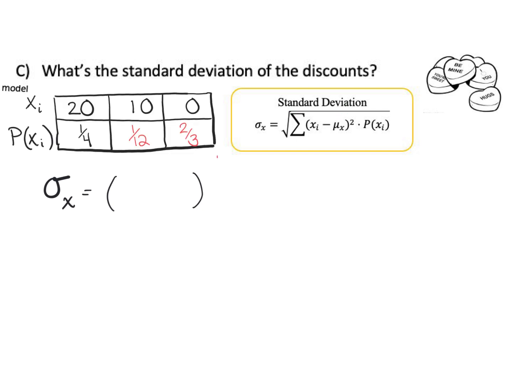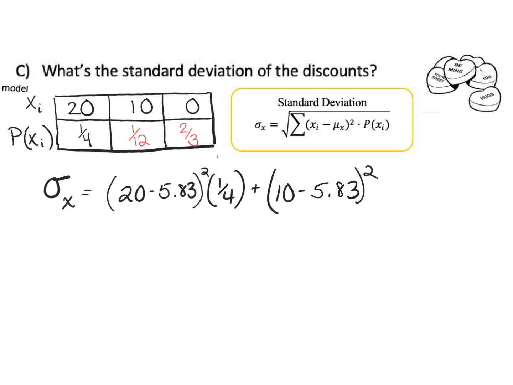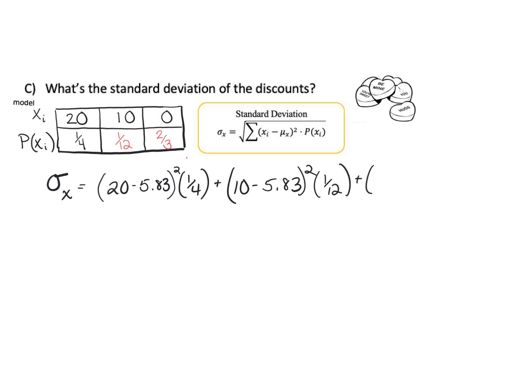So here's our model from the previous screen to help us do this. I'm going to take each X value minus the mean, which we got was 5.83. We're going to square it, times the chance of it occurring, which is 1/4. We need to sum this, so we're doing 10 minus the mean, square it, times the chance of it occurring, 1/12, plus 0 minus 5.83, square it, times the chance of it occurring.